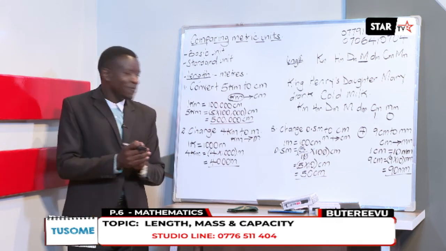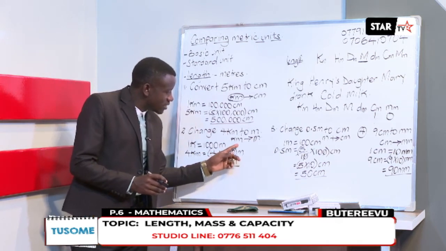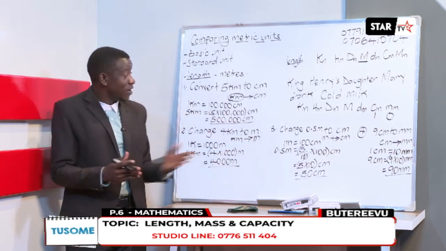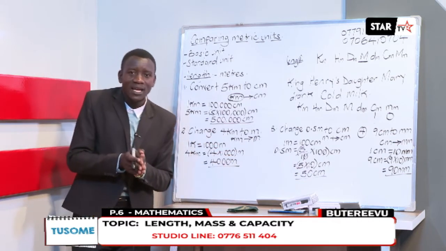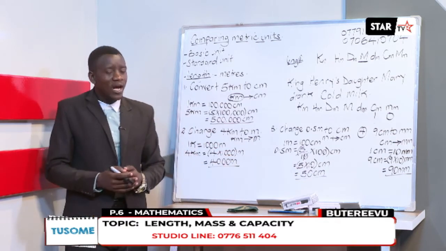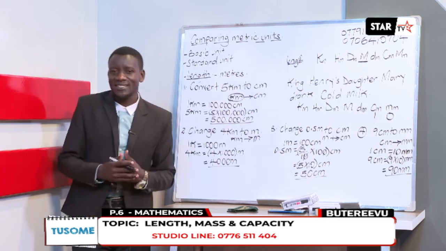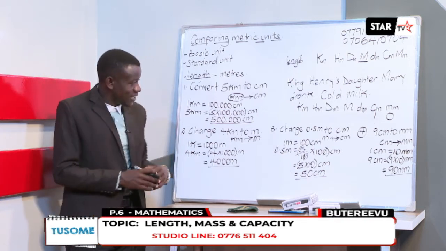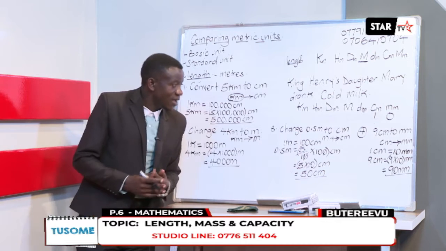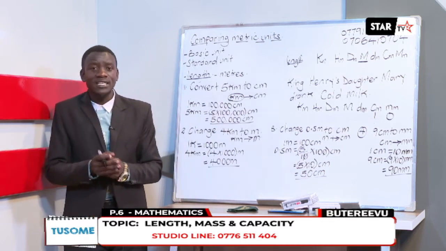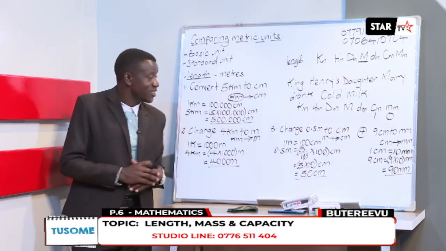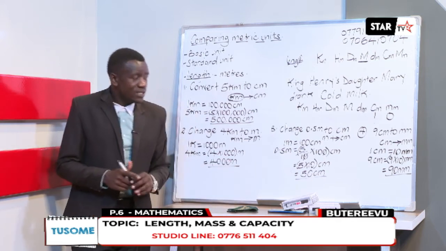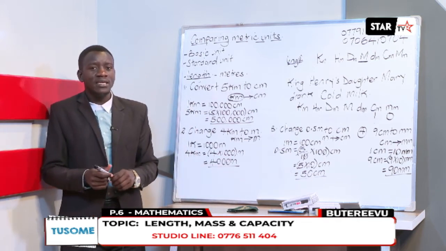And we said kilometer to meters, as we have done there. We said 1 kilometer is equal to 1,000 meters. And finally, we said 1 meter has 100 centimeters. And lastly, we said 1 centimeter is equal to 10 millimeters.